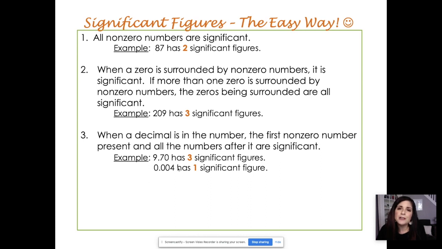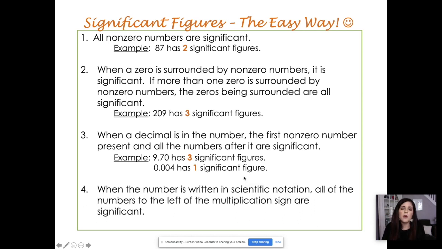What I usually tell students is if there's a 0 in the front, put your pen down and cross out all the zeros in the front. And once you hit that number that's not a 0, in this case it's the 4, everything after that's significant. It doesn't matter if there's zeros after the 4. The only ones that don't count are the zeros that are before the 4. So this value has only 1 significant figure.